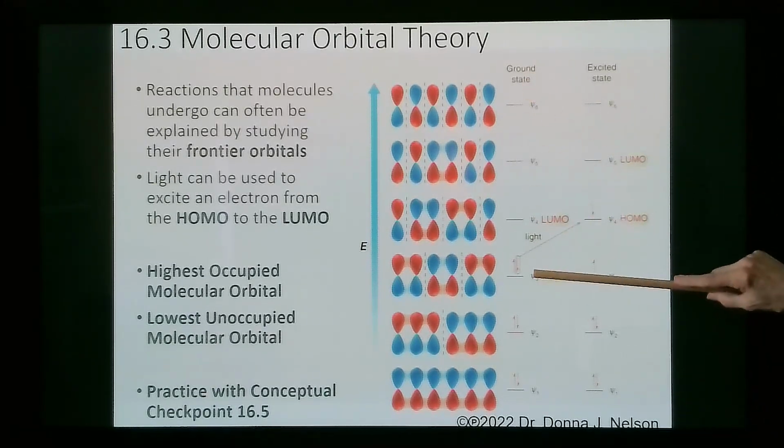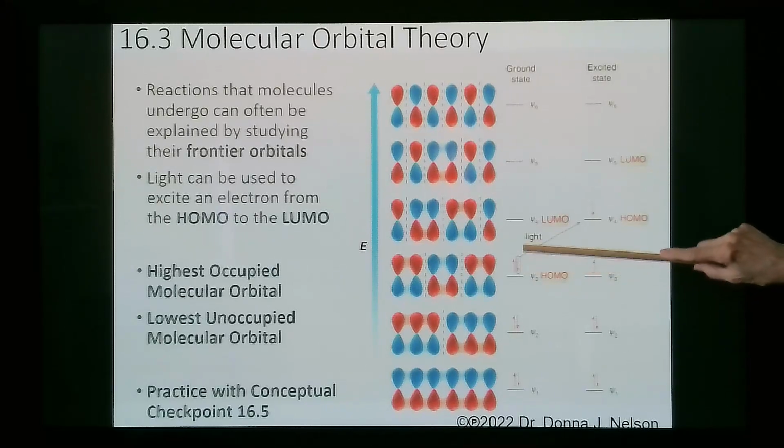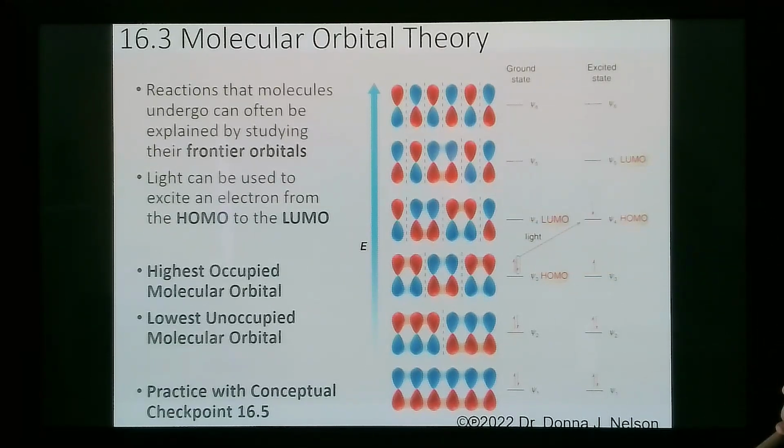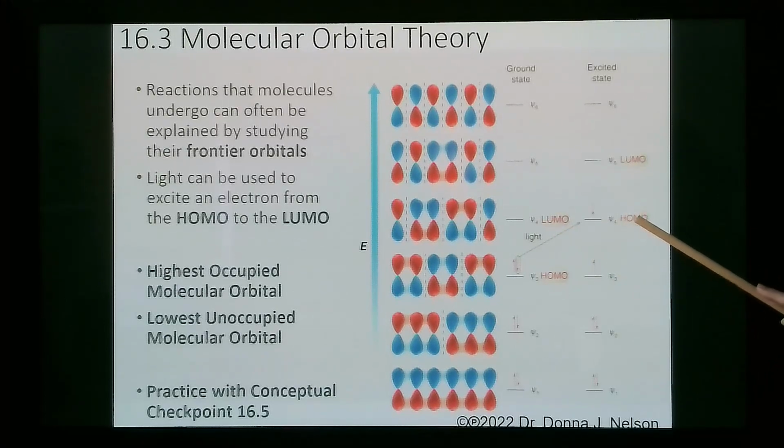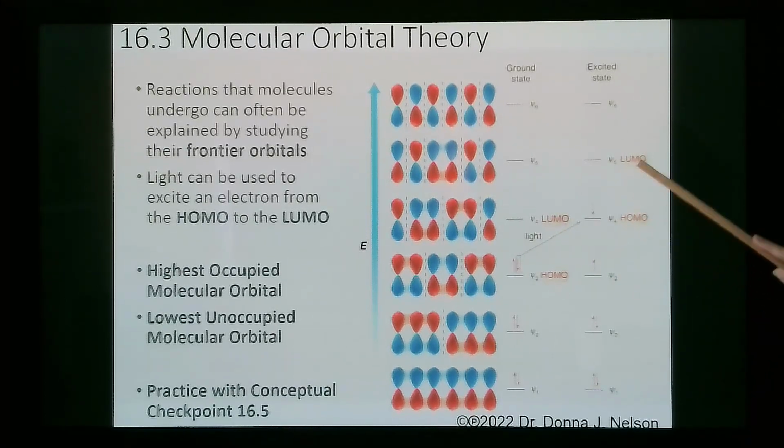So the ground state molecule, one of the electrons gets promoted up to the LUMO, from the HOMO to the LUMO. When that happens, this orbital is no longer unoccupied. It becomes the HOMO, and the one above it becomes the LUMO.